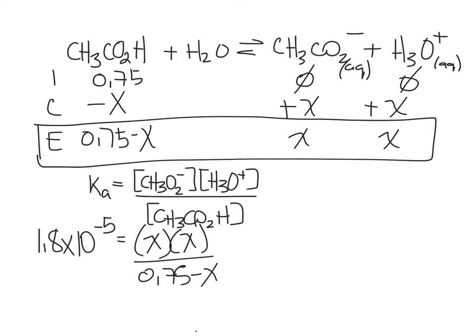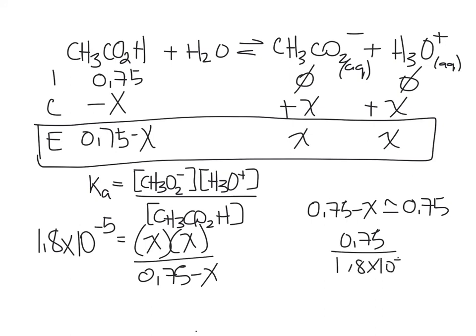We could use the assumption that 0.75 minus x is approximately 0.75 if 0.75 divided by our K is greater than 1,000.